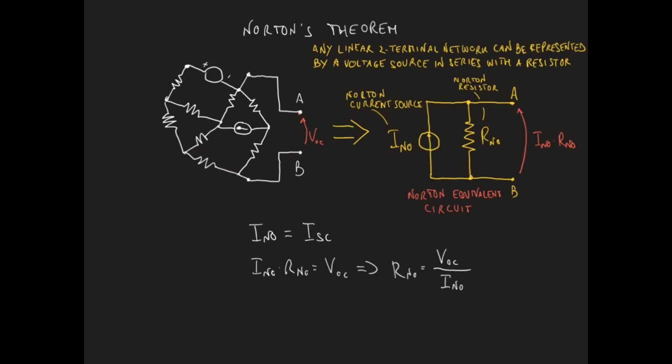As in the case of Thevenin's theorem, also for Norton's theorem, the Norton resistor can be found as the equivalent resistance between nodes A and B in the starting network.